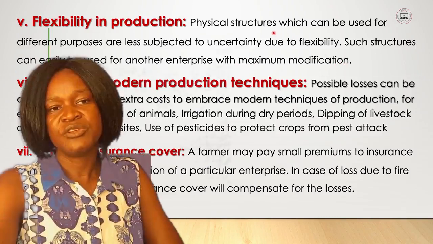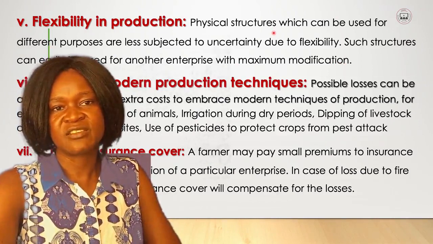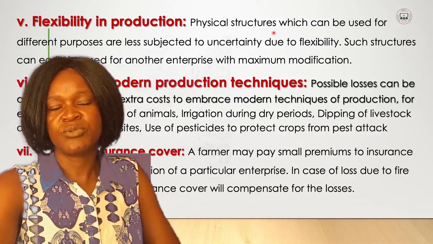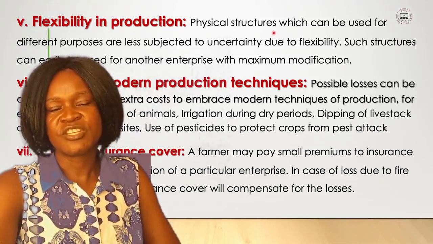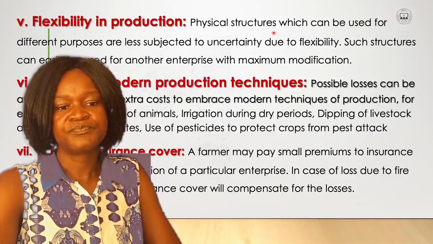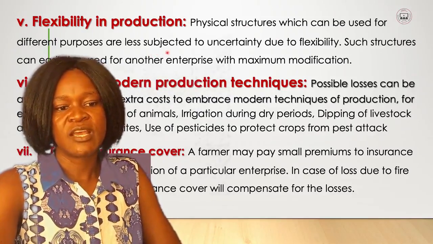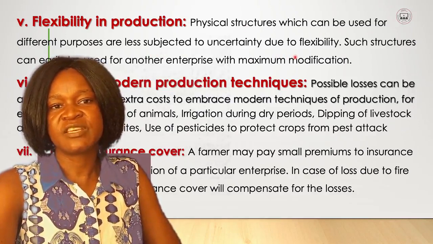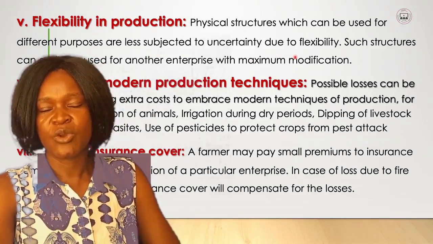So when you are constructing different physical structures, let's say crop processing structures, crop storage structures, those structures can be used for different purposes, rather than just fixing that this structure will just be used to keep crop produce.